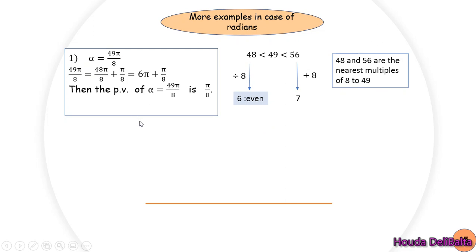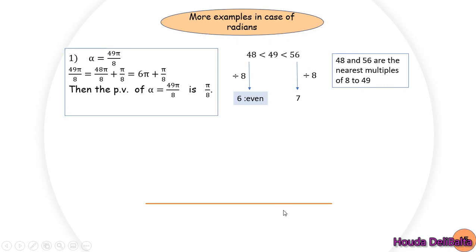First of all, you have to know when to search for a principal value and when to consider it itself a principal value. First of all, you look at the numerator. You notice that the numerator is so much greater than the denominator.